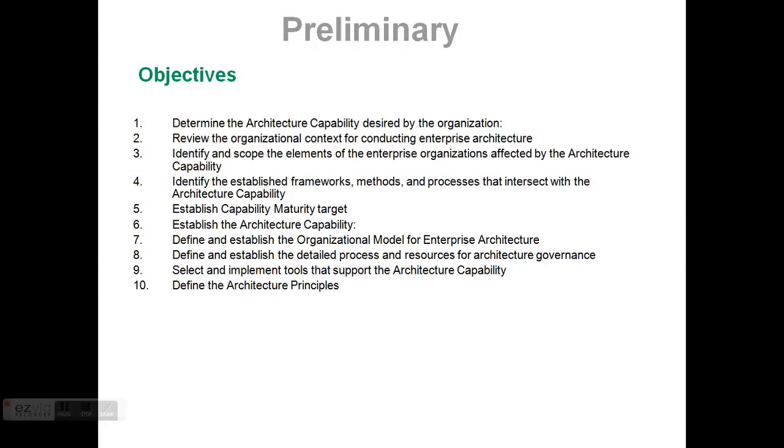Establish the architectural capability, including defining and establishing the organizational model for enterprise architecture, defining and establishing a detailed process and resources for the architecture governance, selecting and implementing tools that support the architecture capabilities. These tools are systems and also could be processes throughout the organization. And eventually, define the architectural principles that we are going to adhere to.